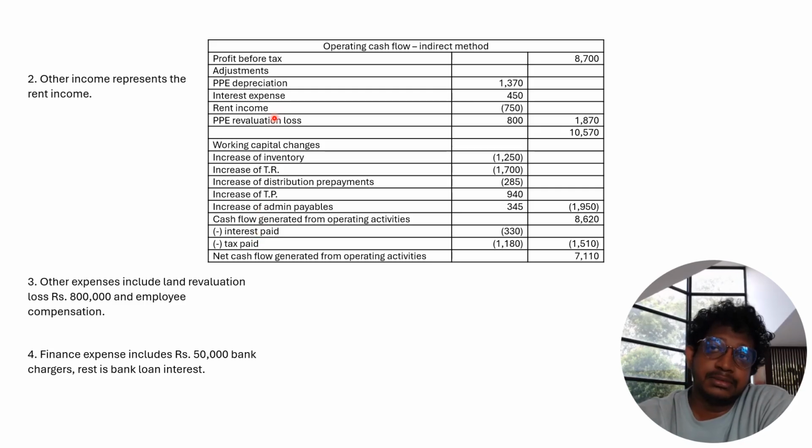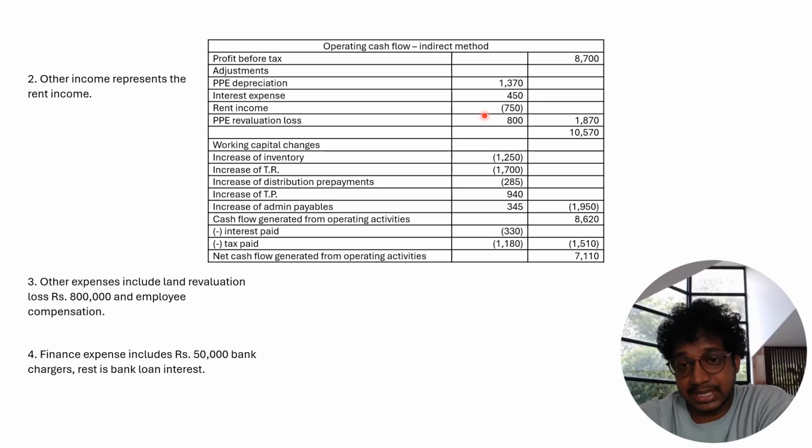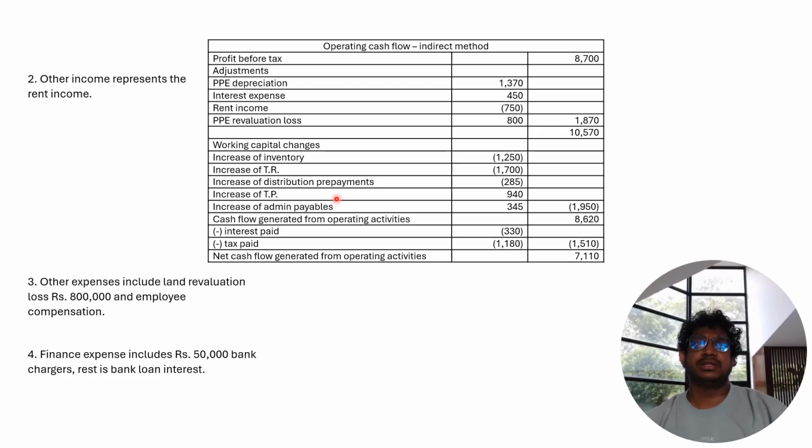And the rent income: the total rent income is already included when you're finding the profit before tax, but the rent income is not relevant for the operating activities, right? So the total rent income you have to subtract from here, and then you have to find out the rent income received in cash and record it in investing activities.